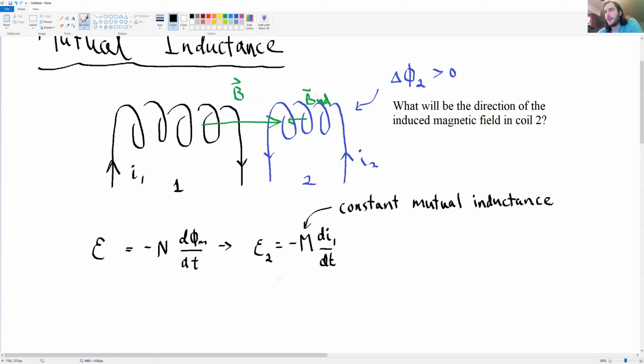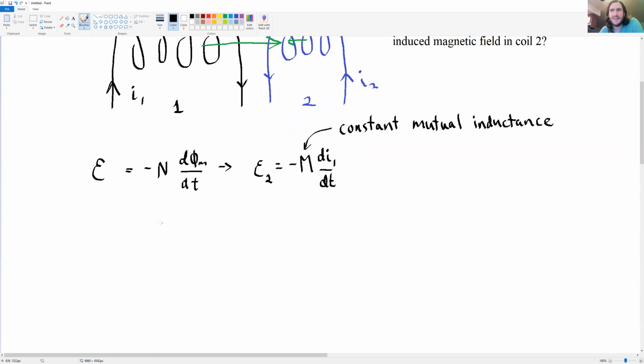But here's something I will do. I will convince you that this M is typically constant for a lot of materials. Not all materials, but it's typically a constant. To do that, simply consider this equation right here. The flux is some integral of B dot dA, right?